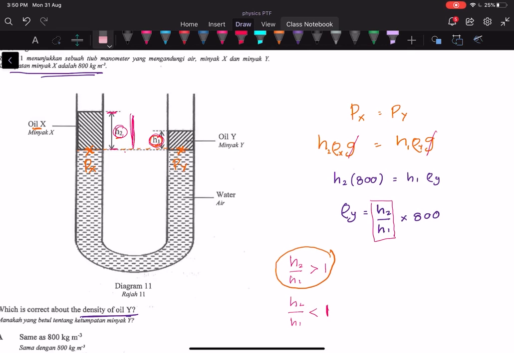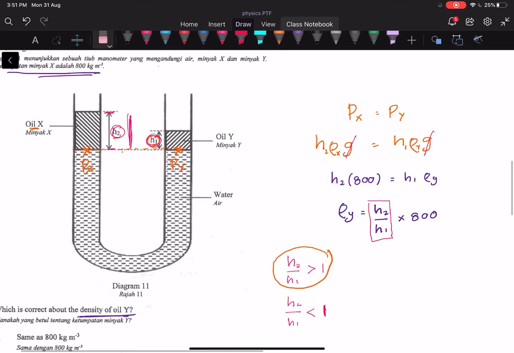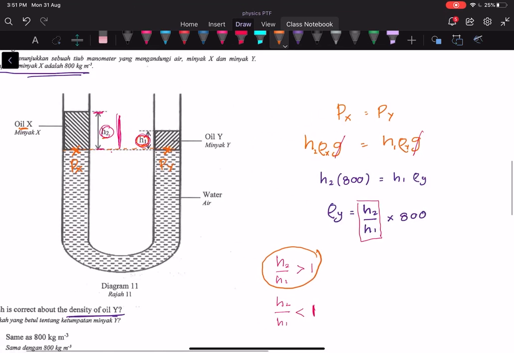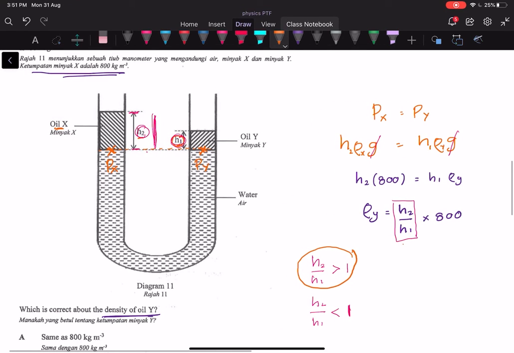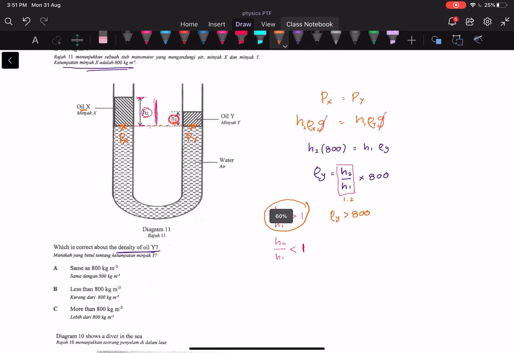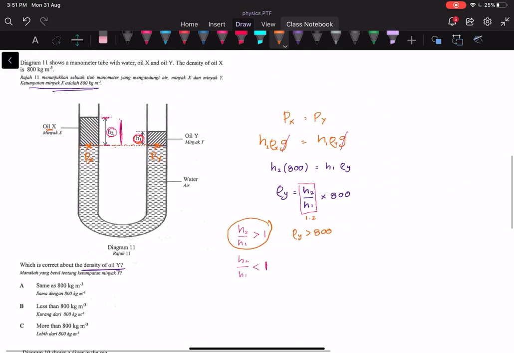Katakanlah it is equals to 1.2. So 1.2 times 800. Okay, what gonna happen here? Ketumpatan Y mestilah lebih besar daripada 800. Maka jawapan yang paling betul dekat sini adalah more than 800.